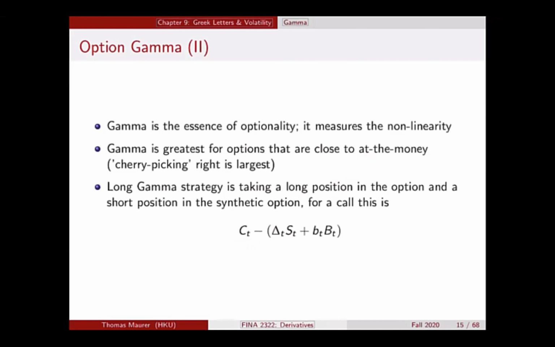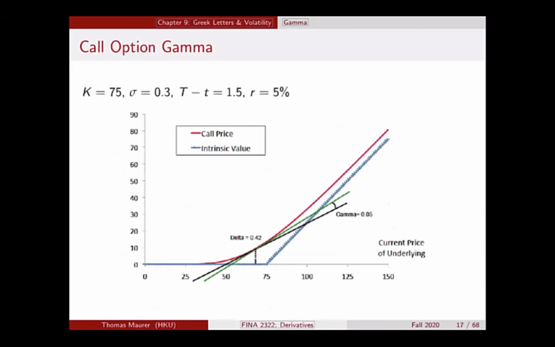If you go back to this long position in gamma, if you buy a call option and you short sell delta stocks and B number of bonds, what does this mean? Let's consider you are at this point where the price of the underlying is about $70. So you buy the call option, with a value around $10 or so, and short sell that replicating portfolio, which also costs $10.